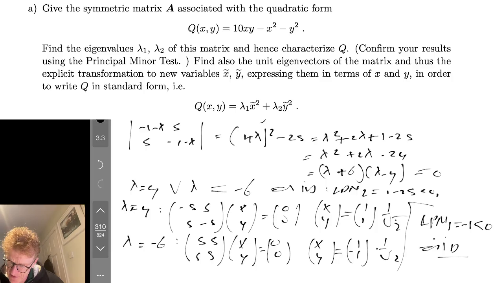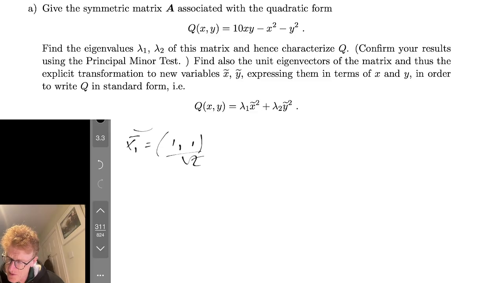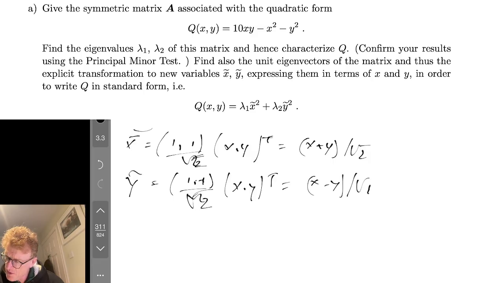And now we have these two eigenvectors, so then the new coordinates x tilde is 1, 1 over square root of 2 times x, y, that is x plus y over square root of 2, y tilde is 1, minus 1 over square root of 2 times x, y, that is x minus y over square root of 2.